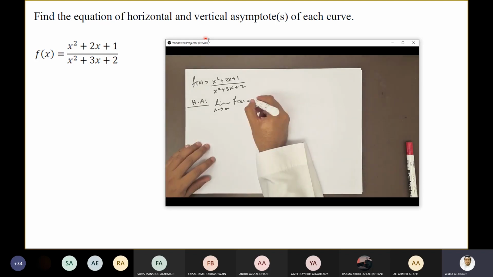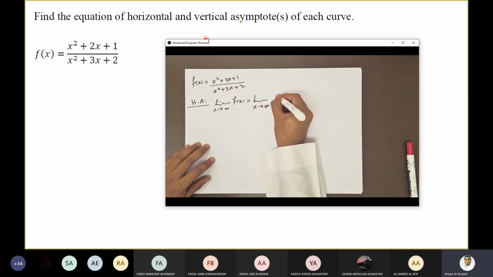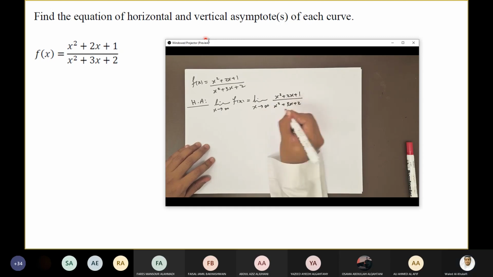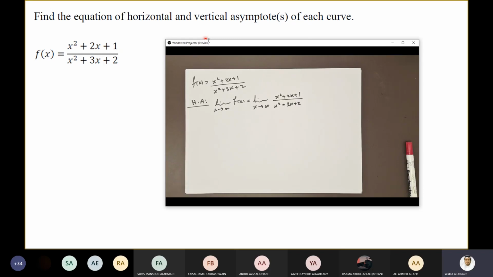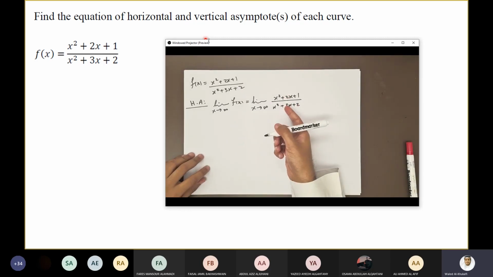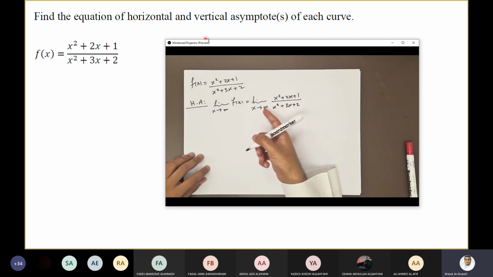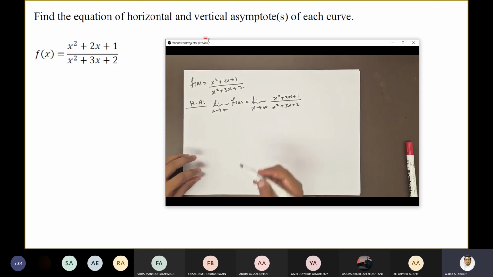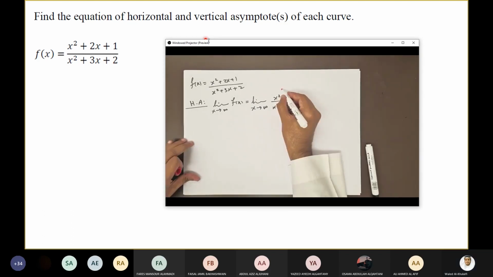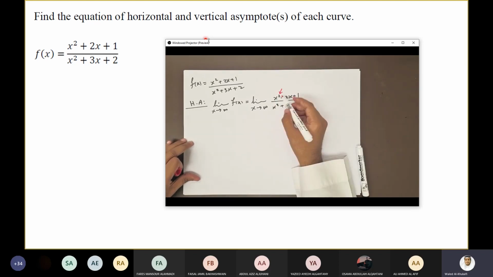Okay. So let's try this guy, the limit as x approaches infinity of the function, which is x squared plus 2x plus 1 over x squared plus 3x plus 2. Now, in section 2.6, the limits at infinity, when you have a polynomial over a polynomial, we said that when x goes to infinity, we look for the highest power, or highest degree.